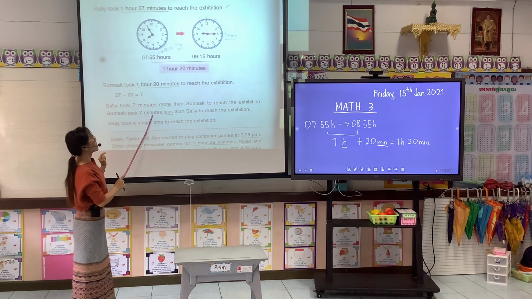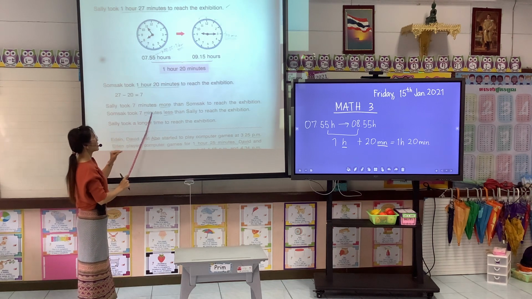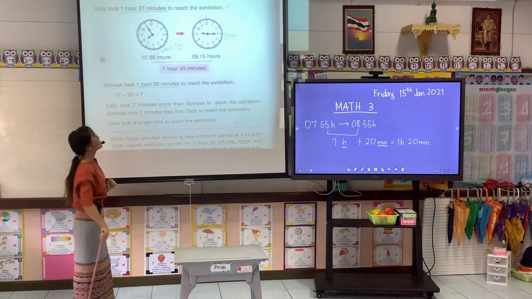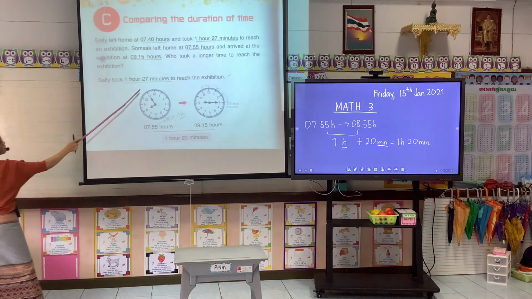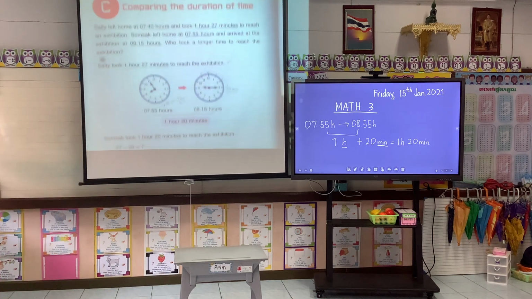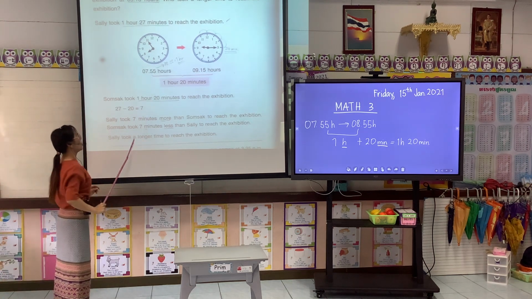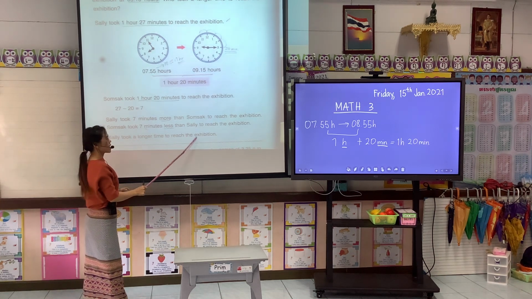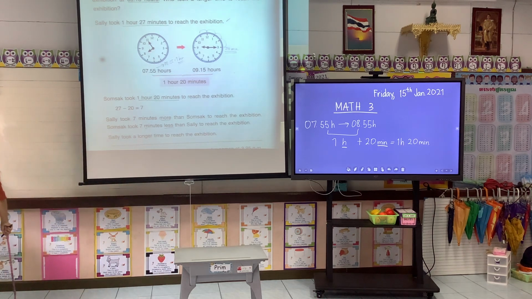Somsak took 7 minutes less, because shorter time, 7 minutes less than Sally to reach the exhibition. So the final question, who took a longer time to reach the exhibition? Is it Sally or Somsak? Of course, Sally took a longer time, 7 minutes more.